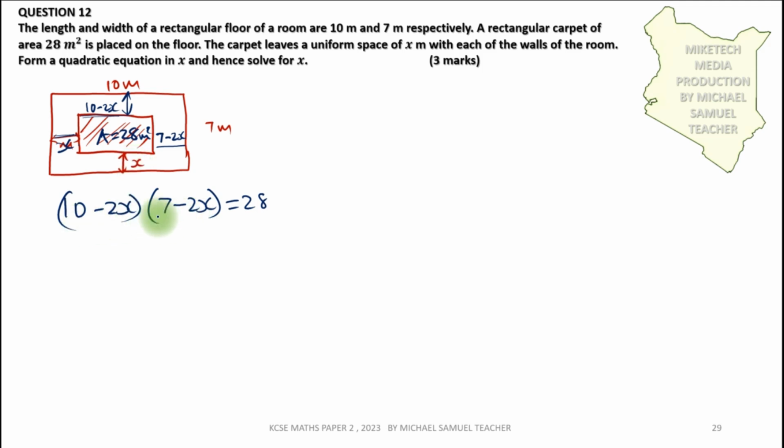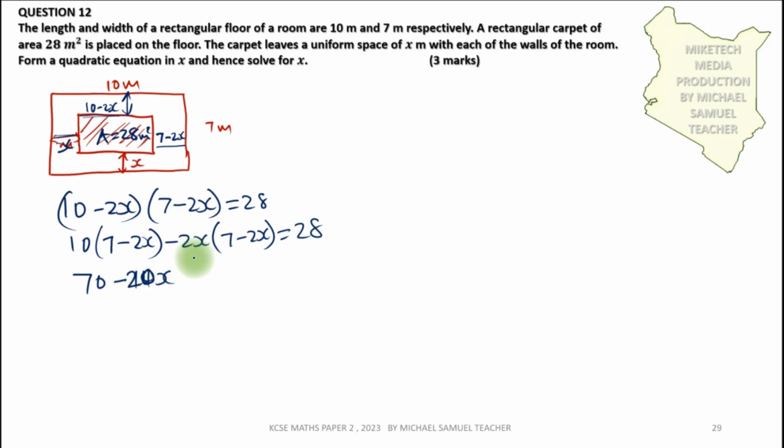Therefore, let us expand the left hand side. 10 times (7 minus 2x), then minus 2x multiplied by (7 minus 2x), will be equal to 28. So this will be 70 minus 20x, then minus 14x plus 4x squared is equal to 28. So we just rearrange. We have 4x squared, minus 20x minus 14x is minus 34x.